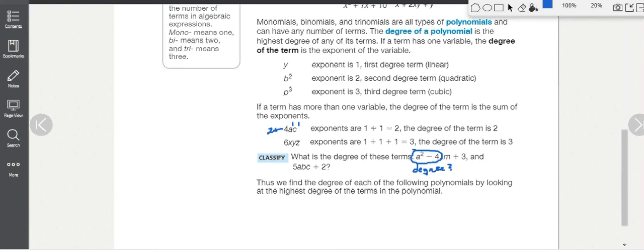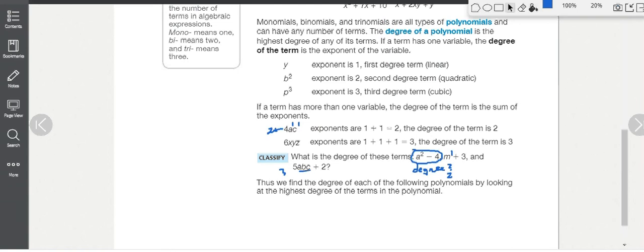This has a 1, and this has a... sorry, we don't count the constants. A to the second, so it's a degree of 2, versus this one's a degree of 1. And 5ABC, that's 3 variables, so 3.